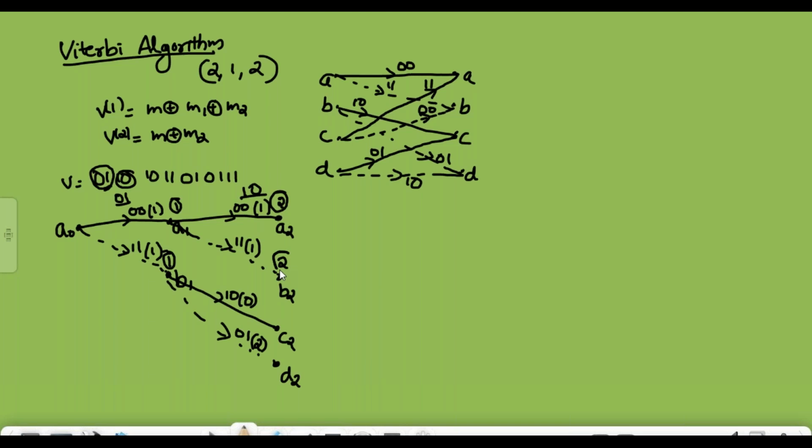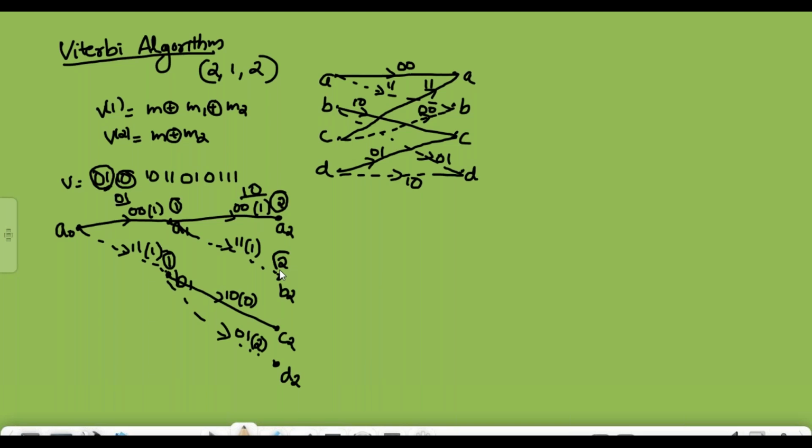Then B2 to B3, it is 0 0. D2 to C3 it is 0 1. D2 to D3 it is 1 0. Then here it is 1 2 on top of that particular stage.